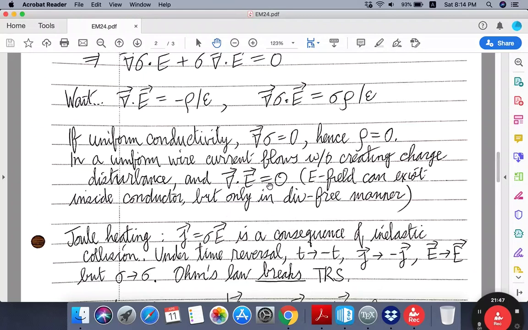But this electric field can only exist in a manner which is consistent with this equation saying that the divergence of that electric field has to be zero. So the electric field can exist inside a conductor and therefore drive some current through the conductor. However, it can only exist in a manner which is divergence free.